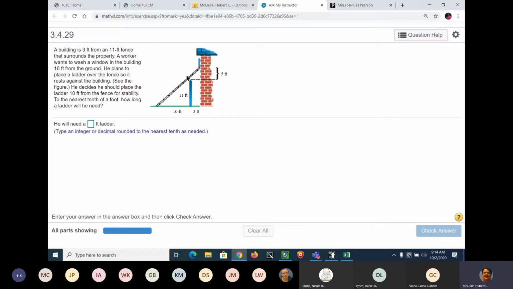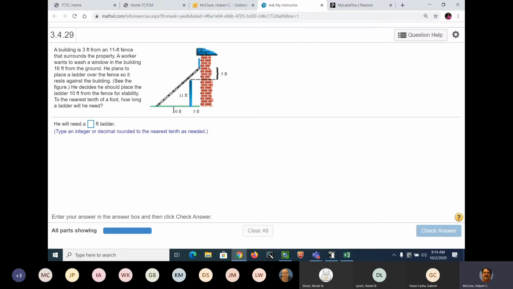He plans to place a ladder over the fence so it rests against the building. He decides he should place the ladder 10 foot from the fence for stability. To the nearest tenth of a foot, how long a ladder will he need?